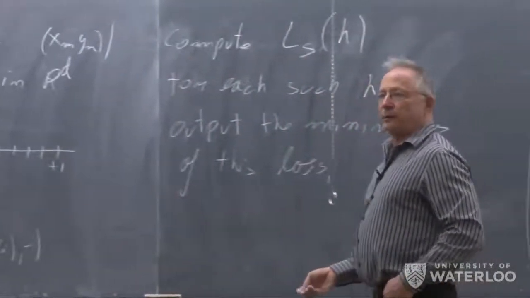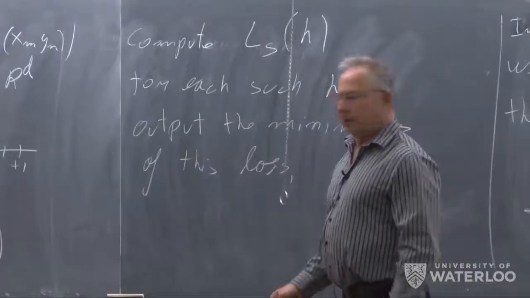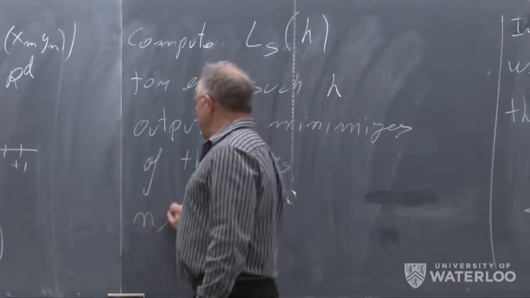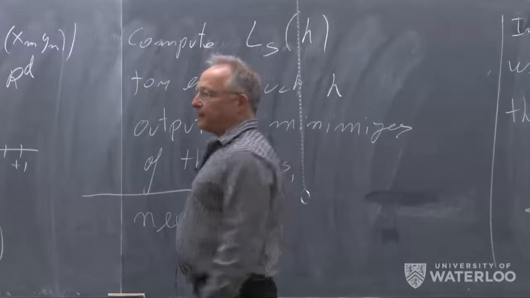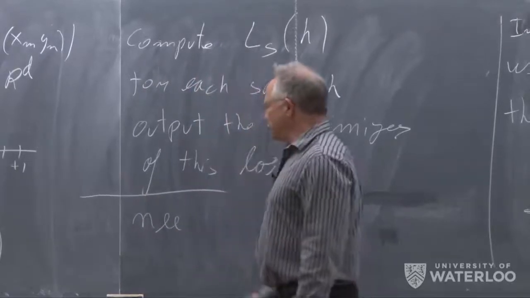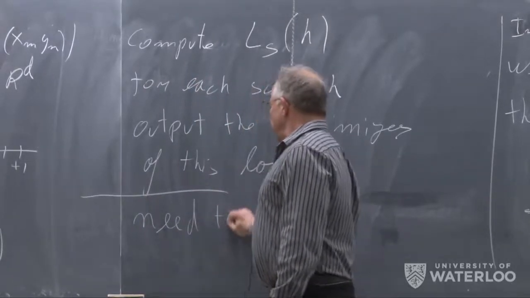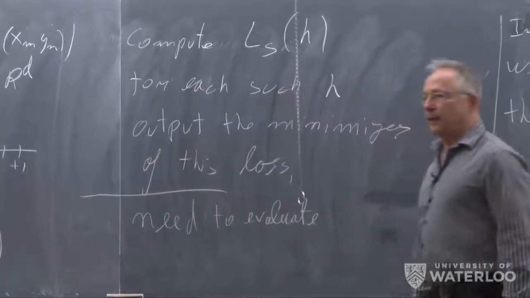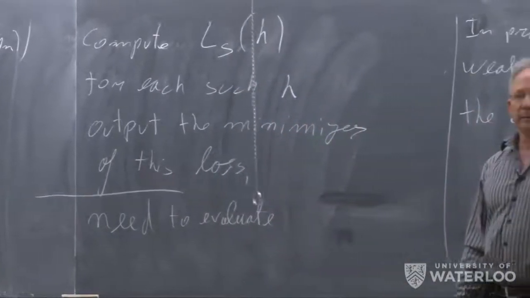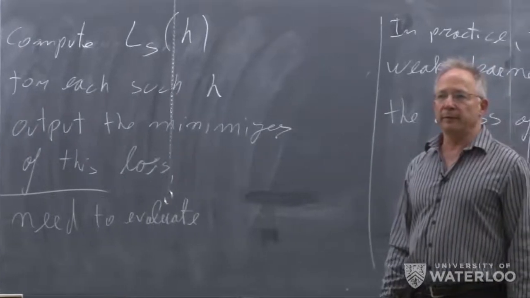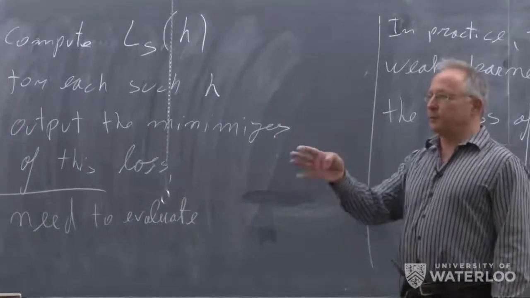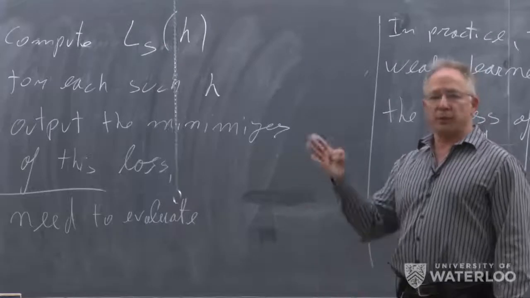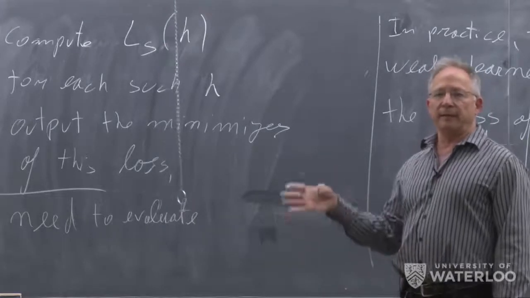How many hypotheses do I have to check? I look at every possible projection, and in every projection I look at cutting at every point there.